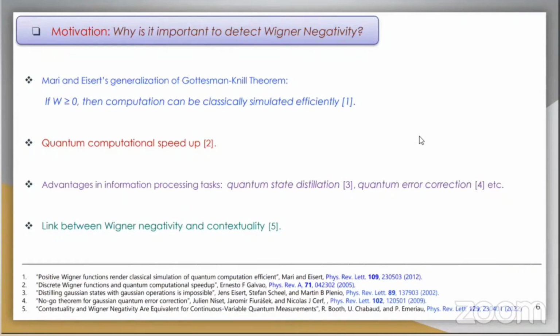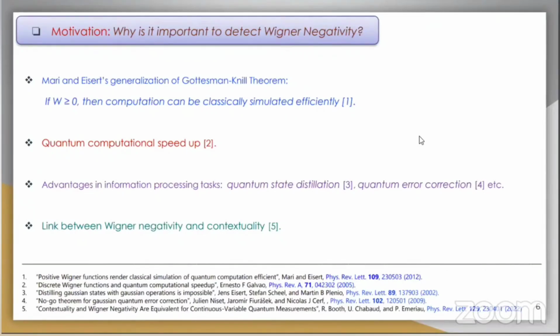They showed that if we use a Wigner positive function and do operations that preserve the Wigner positivity, then whatever be the entanglement measure of that state, we can do everything using a classical computer. So what is the need for a quantum computer? So it becomes a necessity to use Wigner negative states in quantum computation.